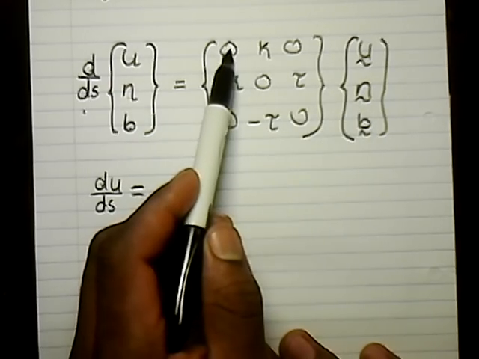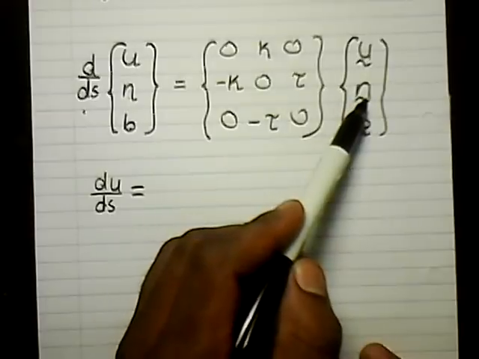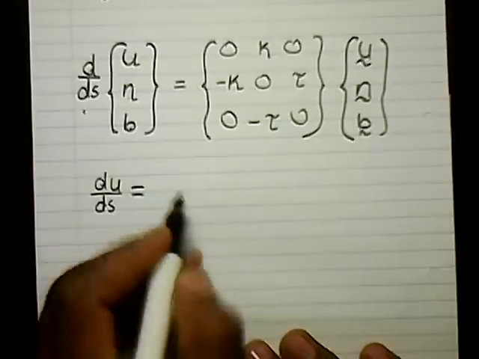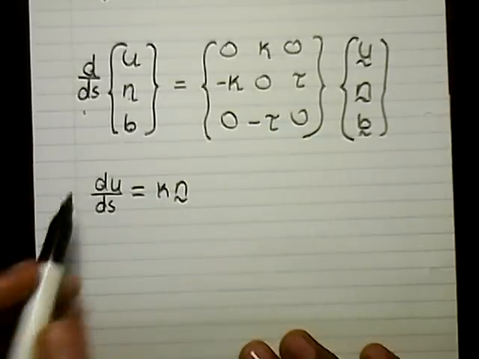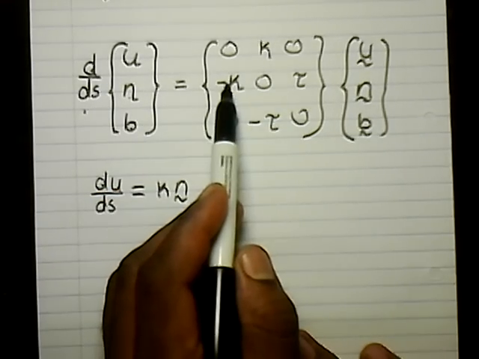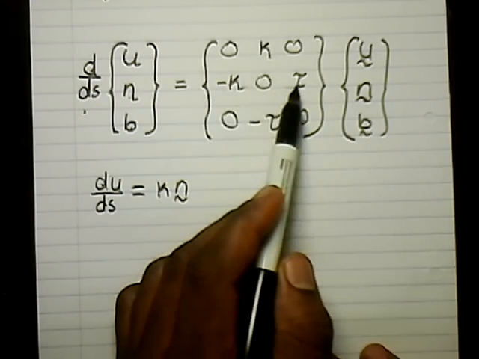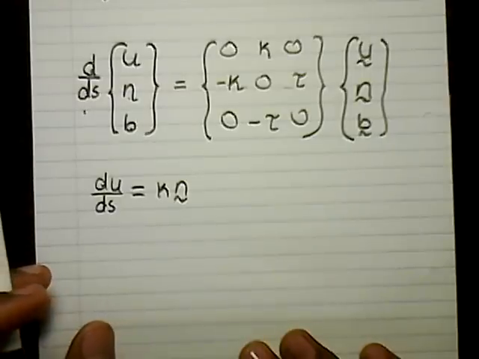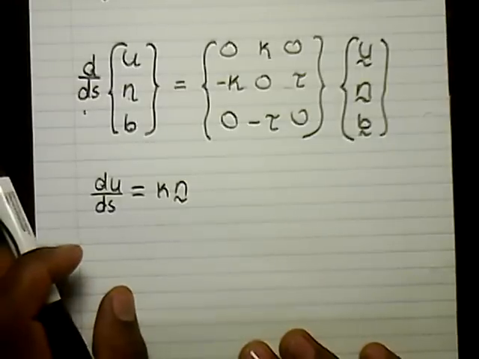If you multiply 0 by u, you get 0, and then kappa by the normal vector, you get kappa n. That's how it works. If you want dn/ds, you multiply this row and this column. That's all you have to do when working with this form.